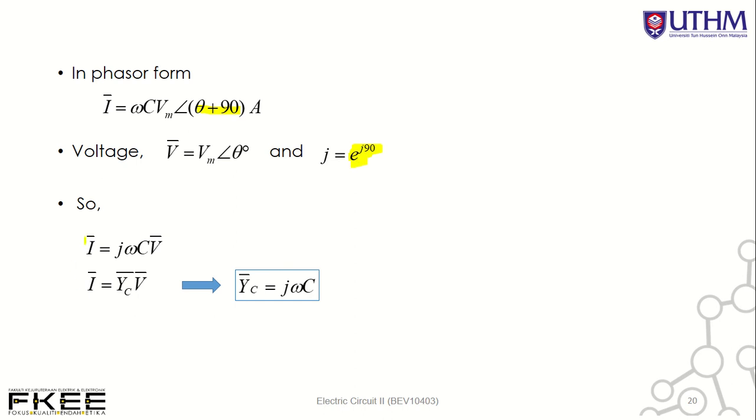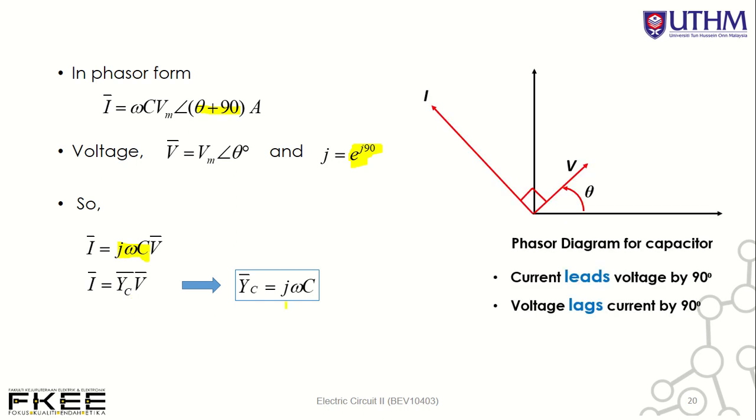That's why we have I equals j omega C V. From this equation, this term is equal to Y_C, which equals j omega C. This Y_C we call admittance, the admittance of C, which is equal to j omega C.